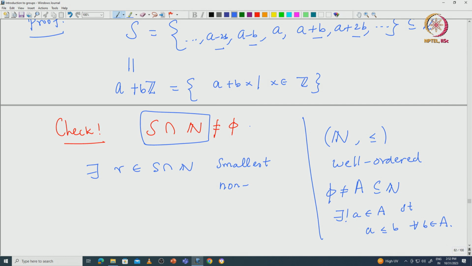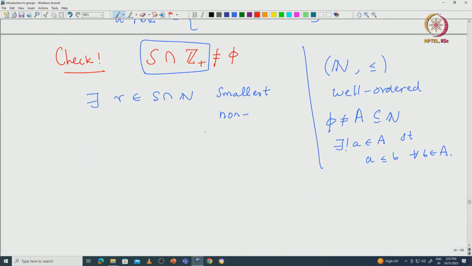So, I can replace this N with Z plus, and there is no harm. Now, if we take S intersection Z plus, then you get this R, which is the smallest non-negative integer in it.